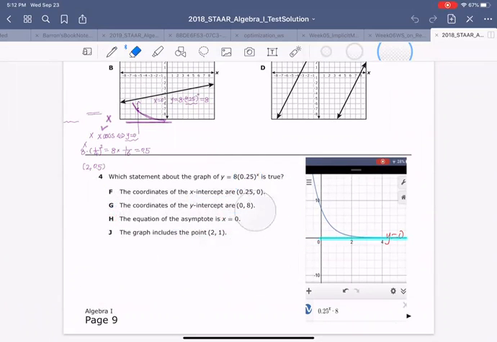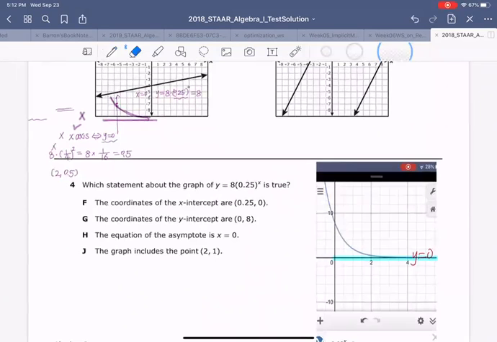Look at number 4. Which statement about this graph is true? Is F correct?